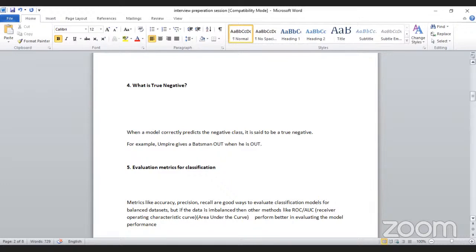But if the data is imbalanced, then we have other methods like ROC or AUC, which is nothing but the receiver operating characteristic curve, or the area under the curve. These metrics are used for evaluating the model performance.